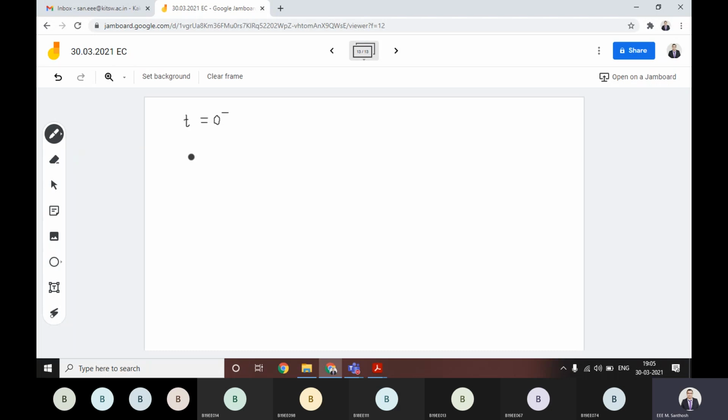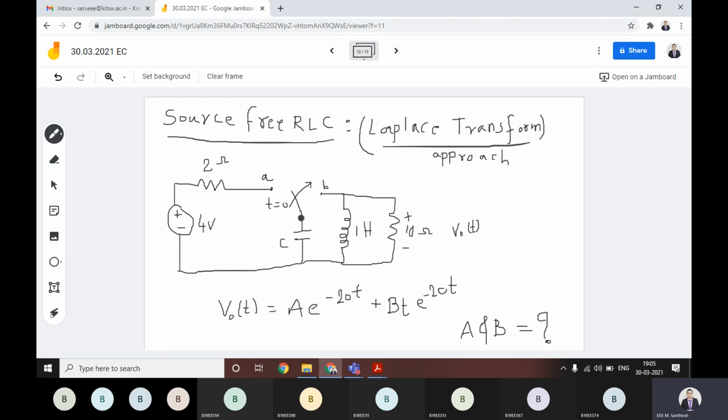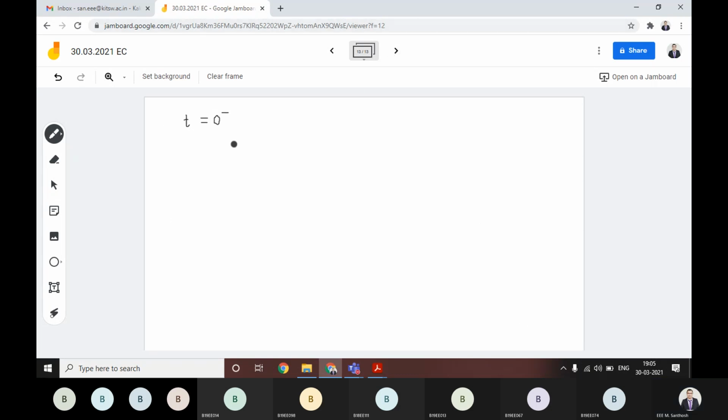At steady state value, the capacitor is open circuit. Very good. What about the inductor? Short circuit. Then you can see, if this is open circuit, then there is no connection of this part of the circuit, right? That means you will get a circuit like this.